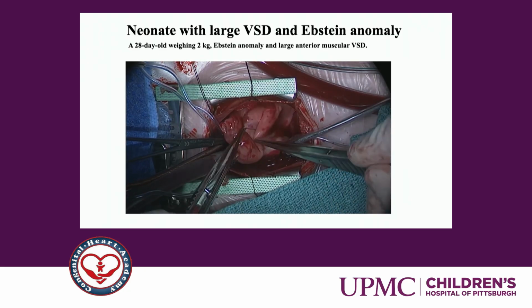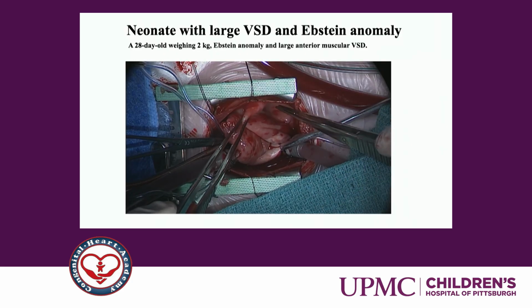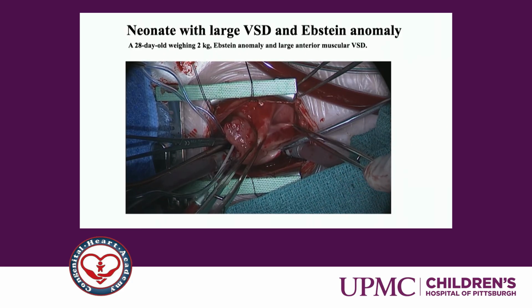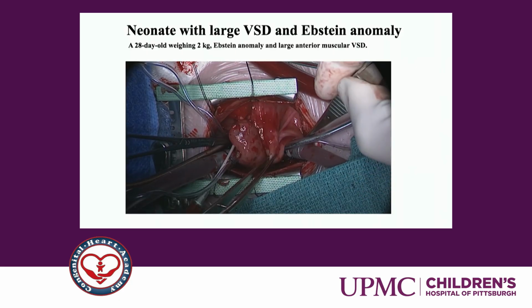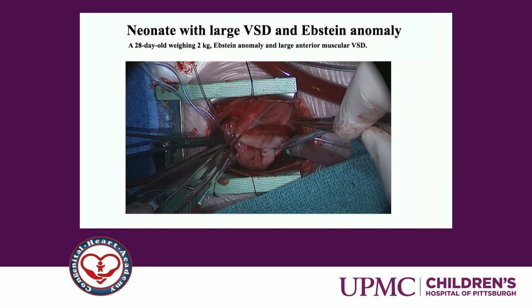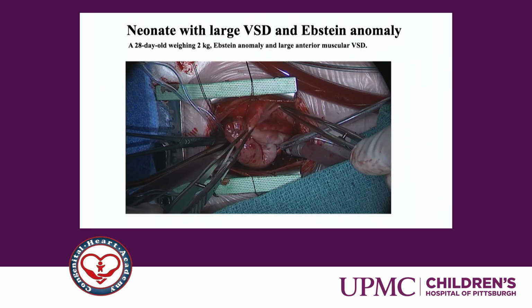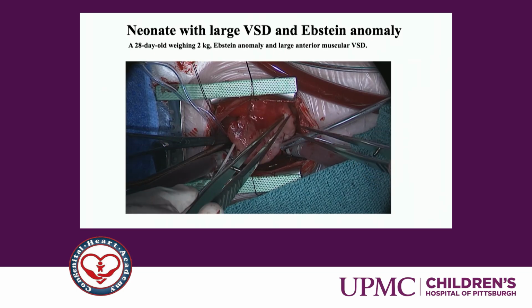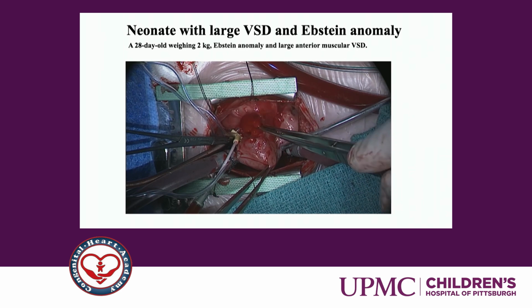And you see here a very large right atrium and large atrialized portion of the right ventricle, and this is a coronary artery, right coronary artery, and branches here, acute marginal branch and posterior descending, and a very large right atrium.